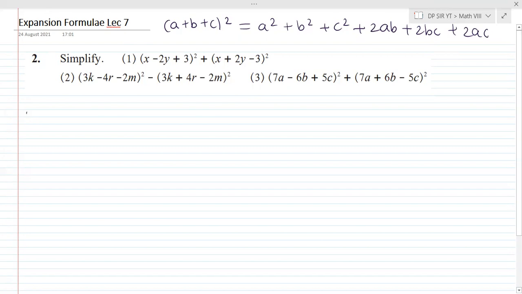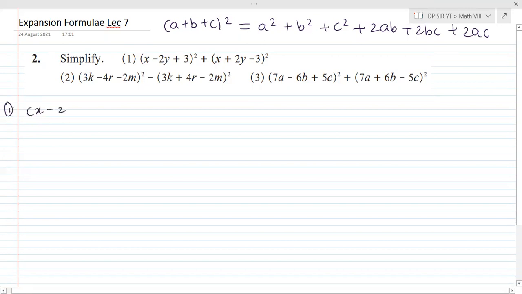These questions are easy. Let me tell you again, there is no need to be afraid of these questions. So the first question is (x minus 2y plus 3) the whole square plus (x plus 2y minus 3) the whole square.